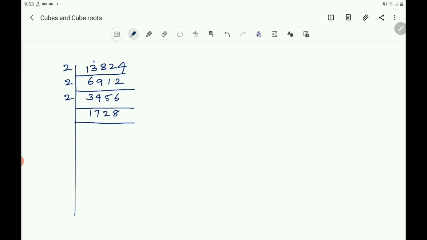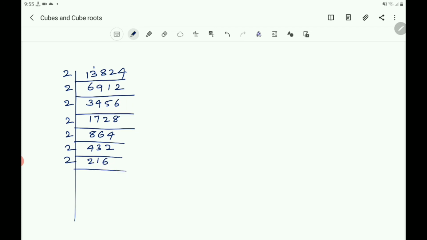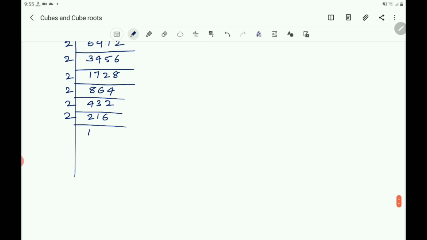Then again it is divisible by 2. 2 8s and 1 is remaining. 2 6s, 2 4s. Again you divide by 2. 2 4s, 2 3s, 2 2s. Then you divide by 2. 2 2s, 2 1s, 2 6s. Then divide by 2. 2 1s, 0, 2 8s.